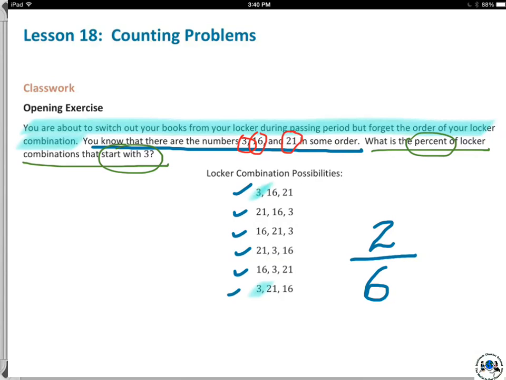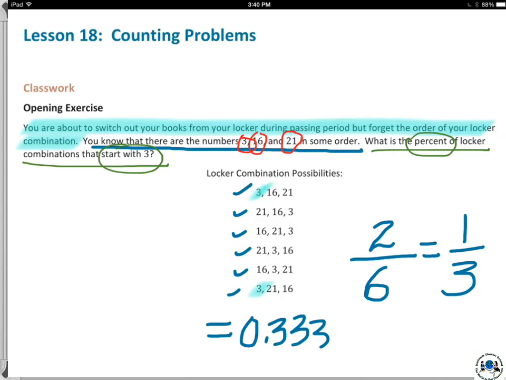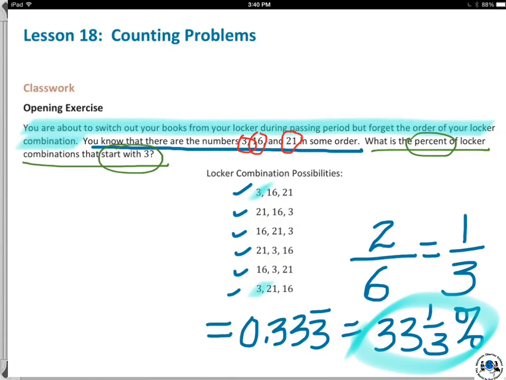So 2 out of 6, which is equal to 1/3, which is equal to 0.3333 and on, which is equal to 33 1/3%. Again, I'm emphasizing those times when we decide to use a fraction in our percentage: when you have a repeating decimal such as this one.